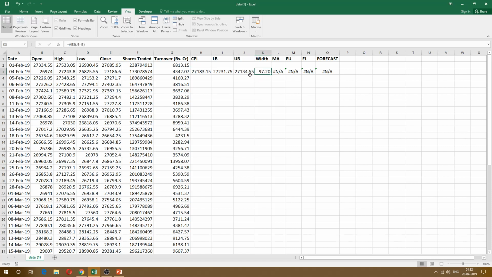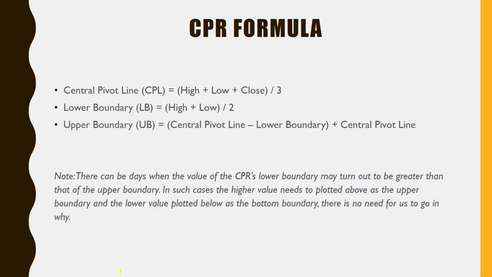Now for width, there is something you need to know. Sometimes, it doesn't happen always, there can be days when the value of CPR's lower boundary may turn out to be greater than that of the upper boundary. In that case the higher value needs to be plotted above as the upper boundary, and the lower value will be plotted as the bottom boundary.